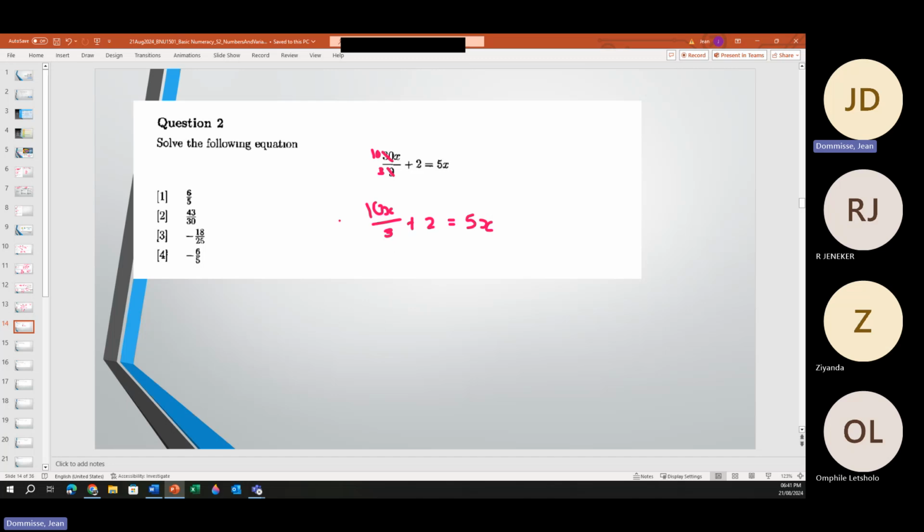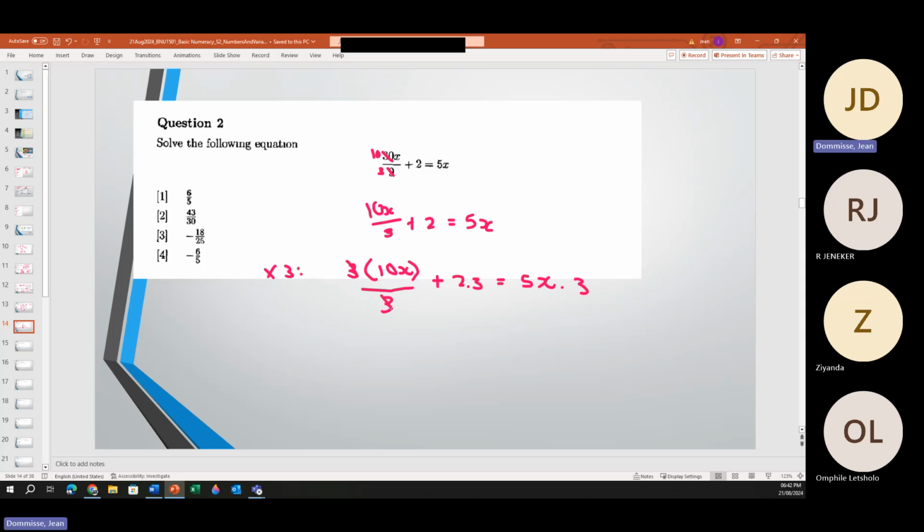So we get 3 times 10x over 3, plus 2 times 3 is equal to 5x times 3. Okay, so we'll simplify that now.